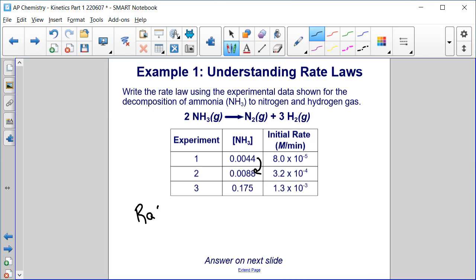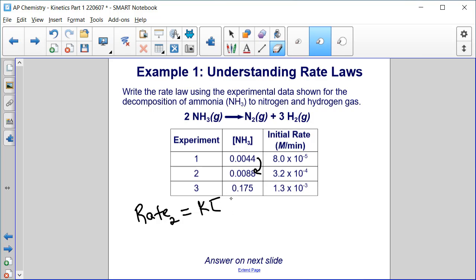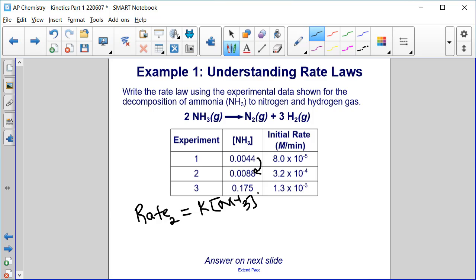So we could say that the rate in experiment 2 is equal to k times the concentration of NH3 to some power m that we don't know.